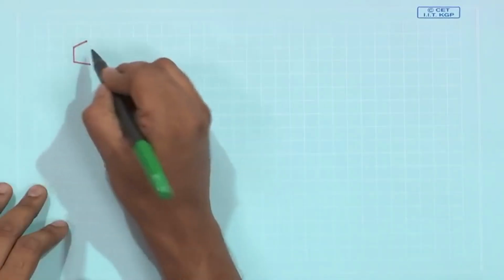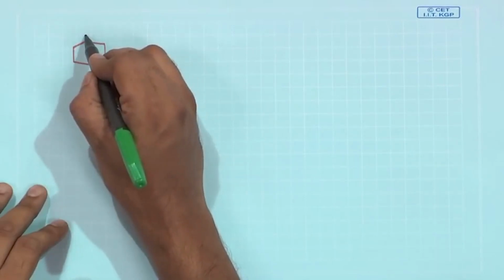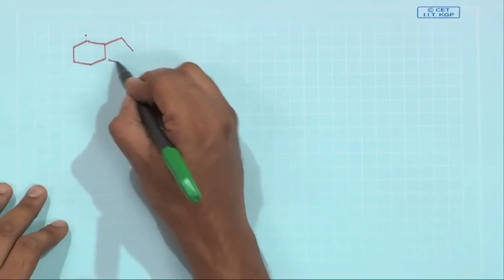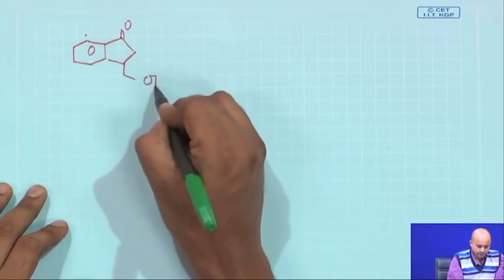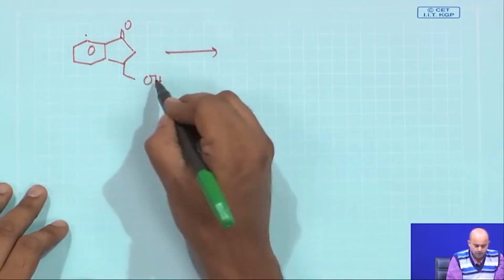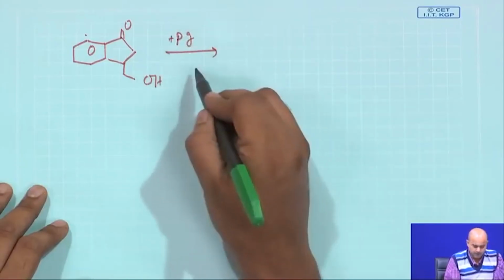Now, try to find out how this entire thing was done. So, we will now go to the forward pathway. Start with the starting material whose structure was given as it is. Now, for protection of this hydroxy group, you can use any protecting group.